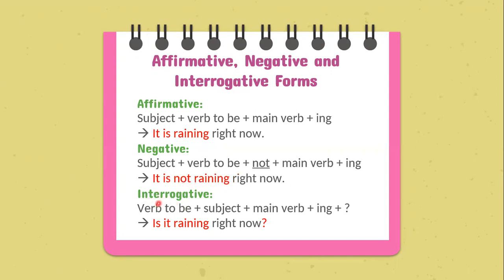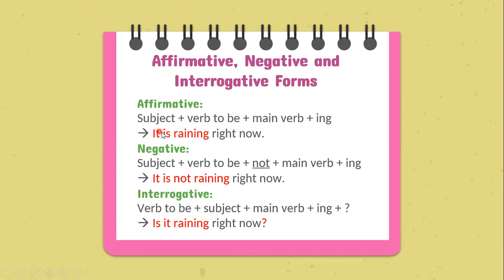Now, when we want to change it to the interrogative form, which is the question form, I have to switch the position of the subject and the verb to be. I have to start with the verb to be, then comes the subject, then the main verb plus ing and a question mark.